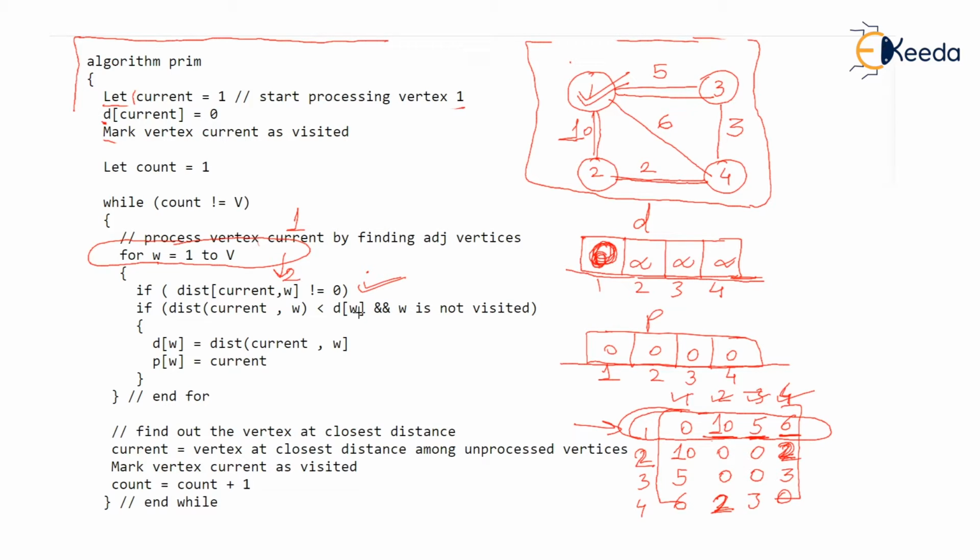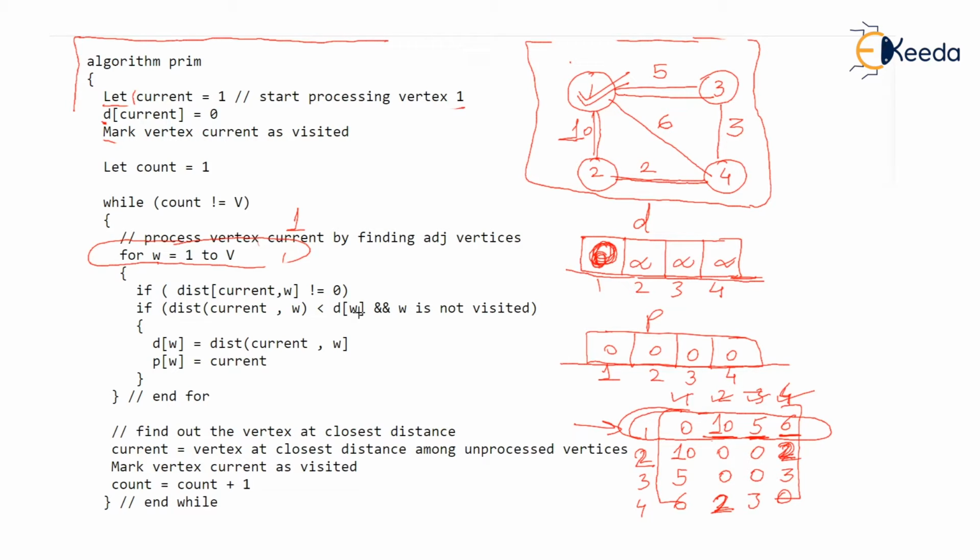Come on, when W is 1, it will be false because 1 is not adjacent to 1. Now, what is this condition checking? You see, the very first condition, what is it all about? We are asking, is distance of current comma W not equal to 0? Assume that this is true for some W. Distance of current comma W is not 0.